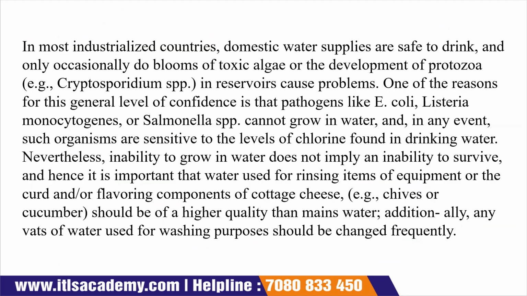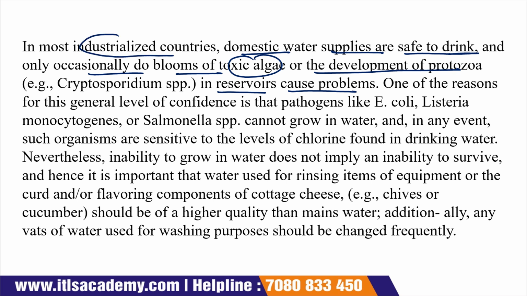Now, in some industrialized countries, domestic water supplies are safe to drink, and only occasionally does a bloom of toxic algae or even the development of protozoa in a reservoir cause a problem.